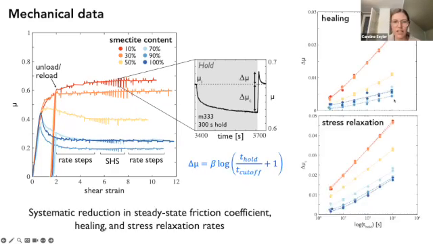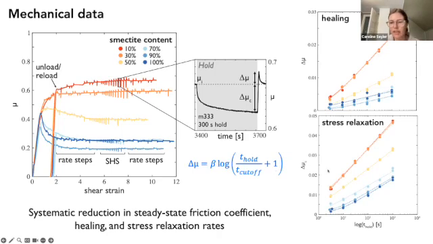So the data for that looks like this, where with increasing hold time, you have increasing both peak shear stress and this creep relaxation, as we're going to call it, or stress relaxation. And then for each set of these slides for each experiment, we're fitting this evolution with this equation here to get the healing rate or stress relaxation rate beta or beta C, as you'll see it noted.